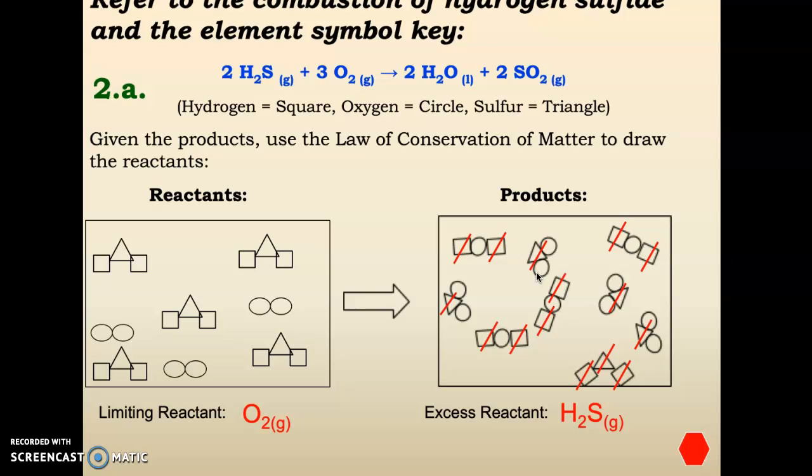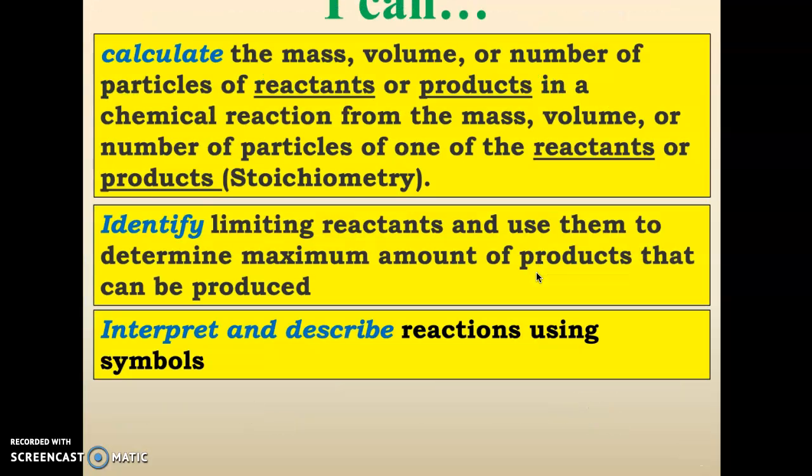So I'm going to make as many oxygens as I can, and then that's a proper representation of my chemical reaction using symbols. Okay, so today's goal was to get better at percent yield and interpret and describe reactions using symbols. So hopefully that helped.